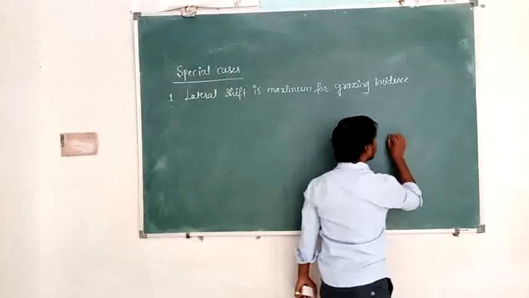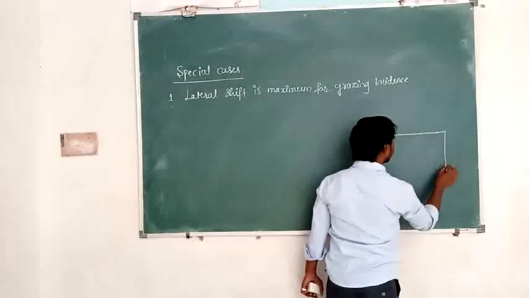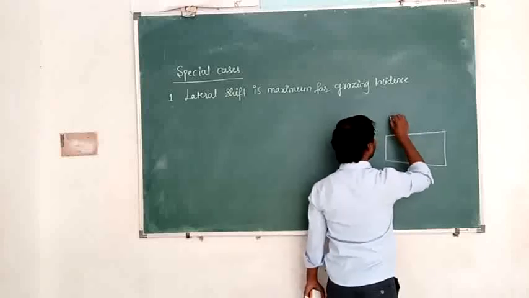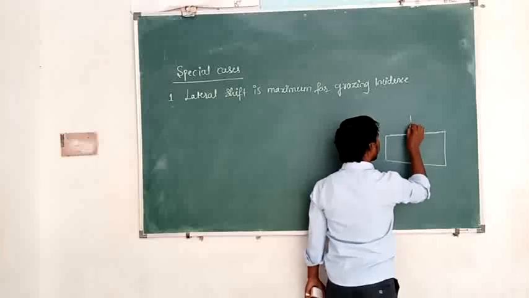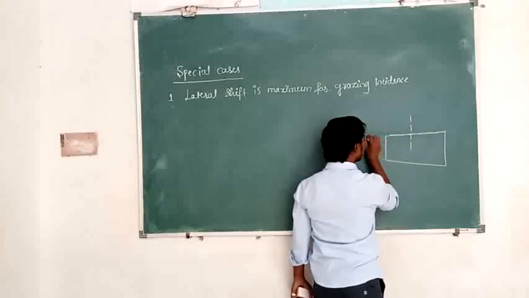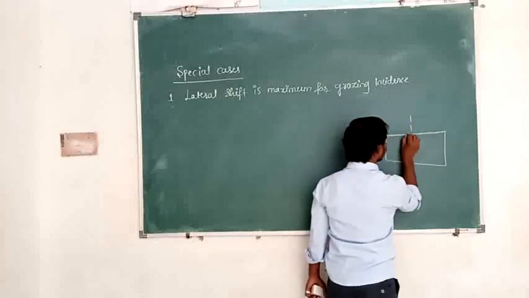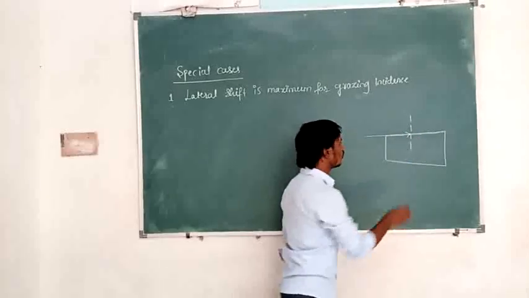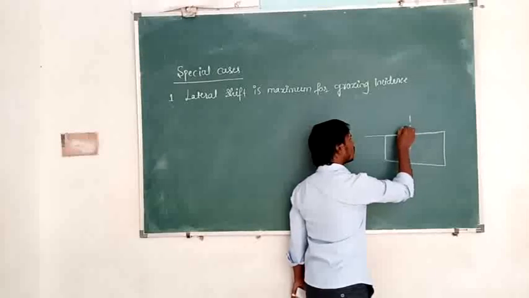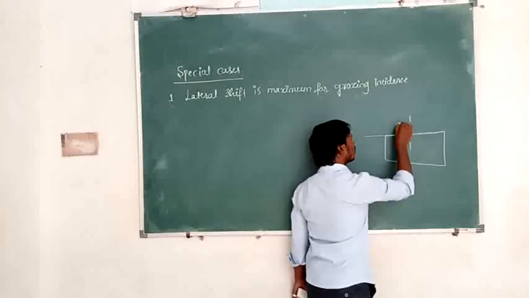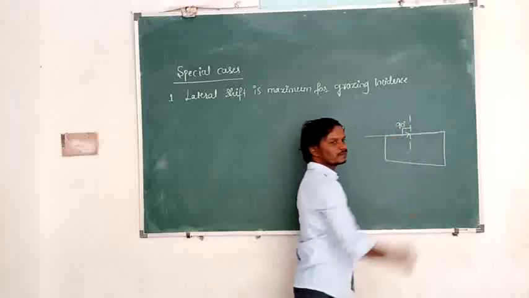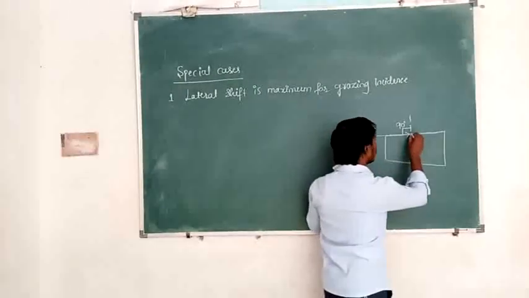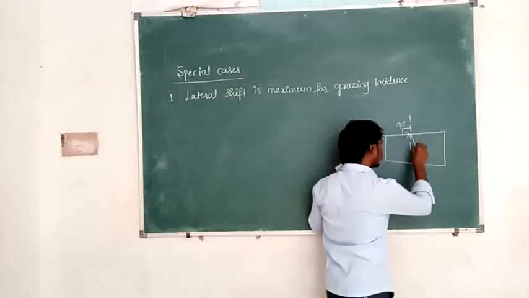See here, it is a rectangular glass slab. This is the normal. The incident ray grazes along the refracting surface. The angle between the incident ray and the normal is 90 degrees, so the angle of incidence is 90 degrees. Then the ray undergoes refraction.